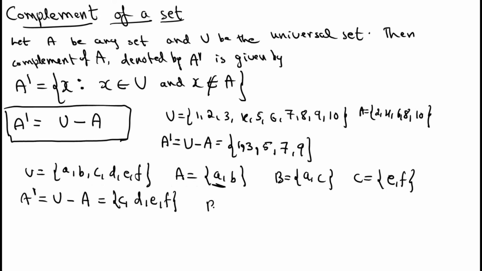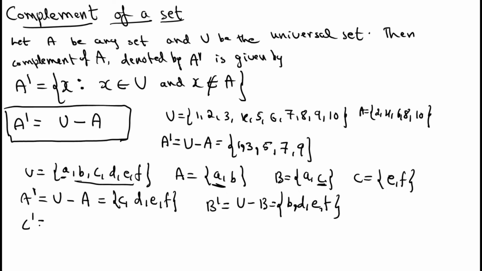What is B dash? B dash is equal to U minus B, the elements of U that are not in B. A is in B, but B is not there. C is also in B, right? So write the remaining elements, that is D, E, F. Clear? B dash is nothing but U minus B. Then calculate C dash.